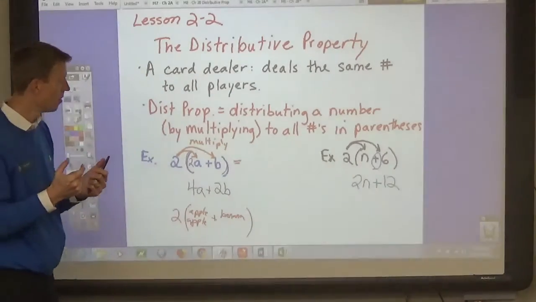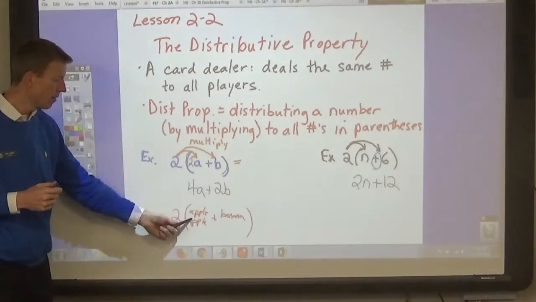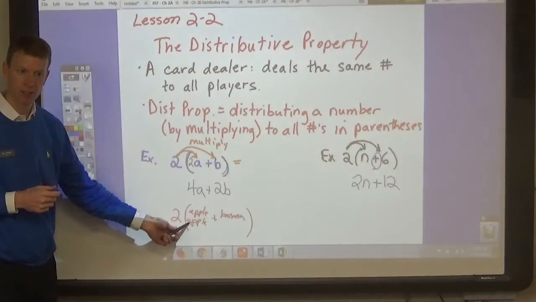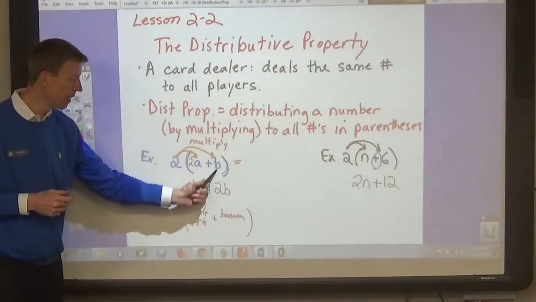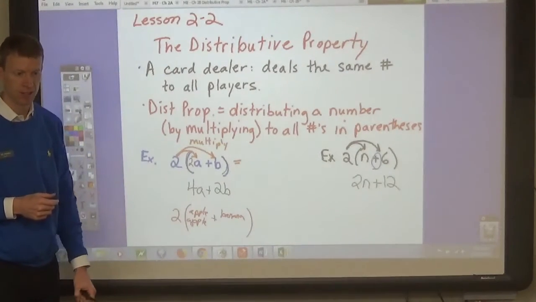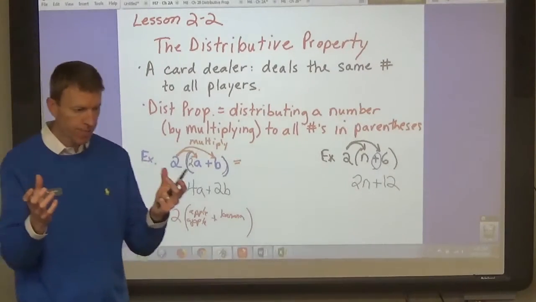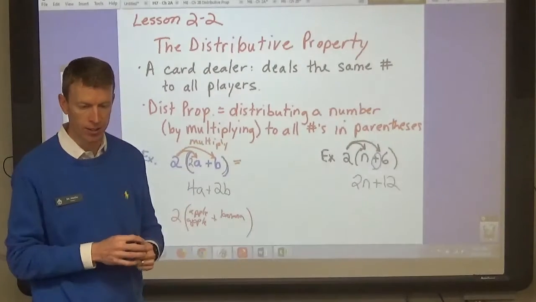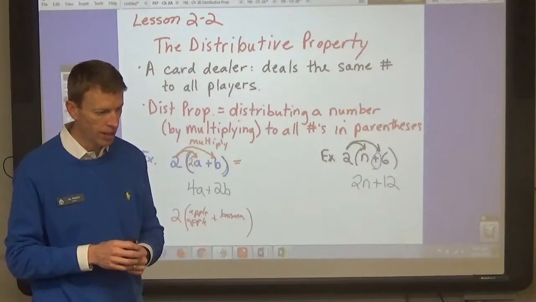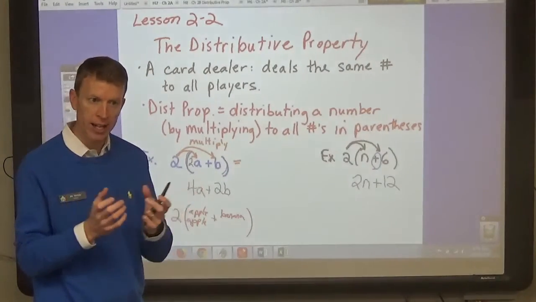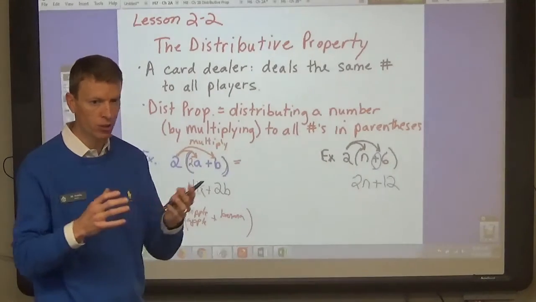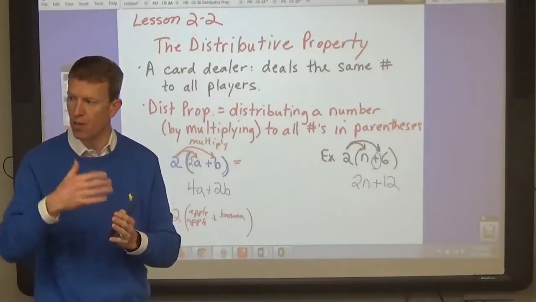Okay? Let's say that A's stand for apples and B's stand for bananas. Those are different fruits. You can't add them together. You can only add things that are alike. So if they were all apples or all bananas, then you could add them together and then multiply.